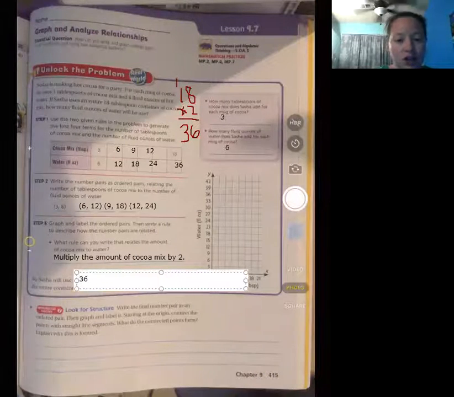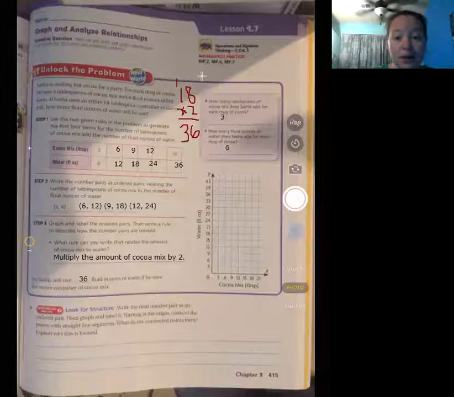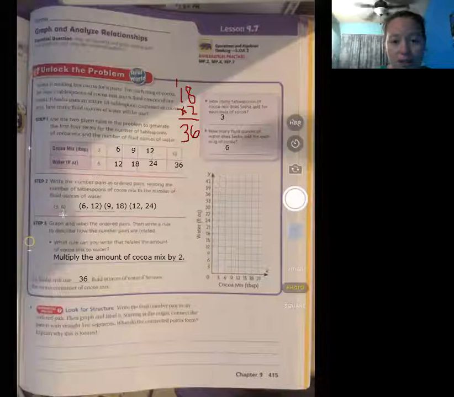Okay. So if she uses the entire container, she will use, and we already have the answer for that, 36 fluid ounces of water. But that is neither here nor there at the moment because we need to put this on our graph. So 3, 6 is our first point. 3 up to 6.